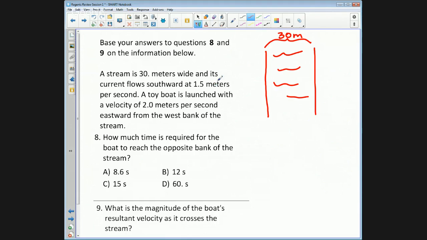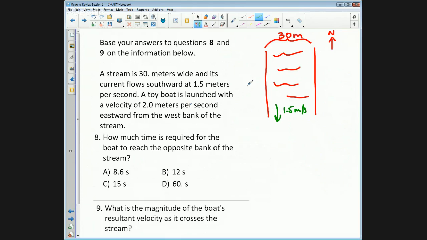It says that the current of the river is flowing 1.5 meters per second southward. So let's assume south is down. I'm just going to draw a little compass here. So this is north. So that means south is down. So this is 1.5 meters per second. That's the speed of the river.